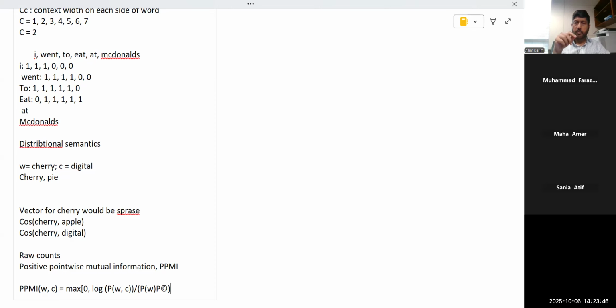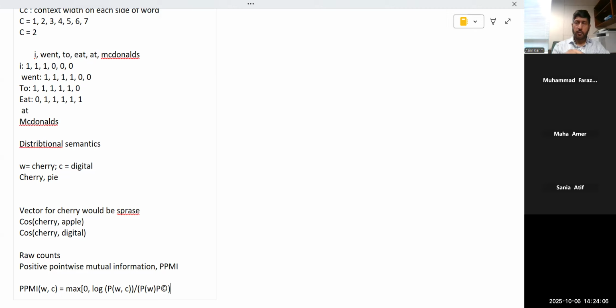Okay? So 0 value means that if you know a particular word W, you cannot tell whether a particular word C would occur next to it or not. So in other words, they are independent, almost random. आएगा भी नहीं आएगा. But so that would be 0.